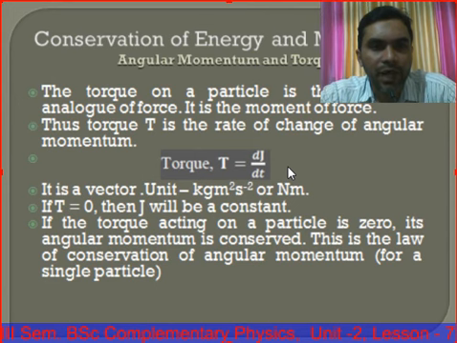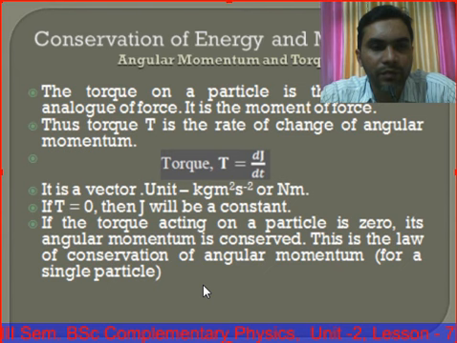So in the absence of torque acting on a particle, that is, if no torque is acting on a particle, then the angular momentum of that particle is a constant, and this principle is called the principle of conservation of angular momentum. And here also we see that this principle is exactly similar to the principle of conservation of linear momentum.